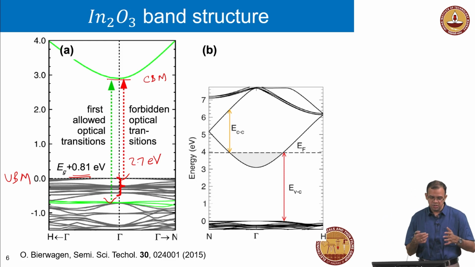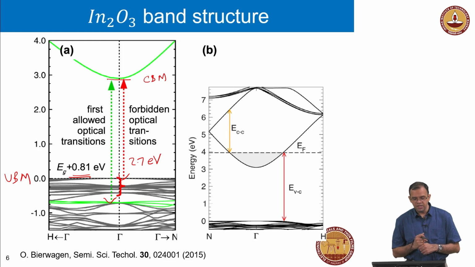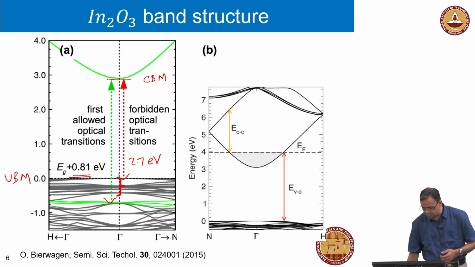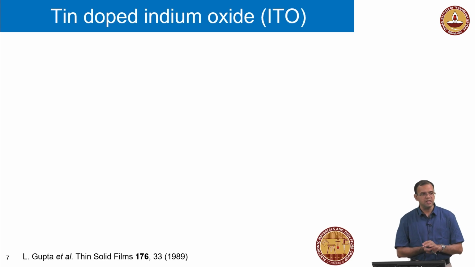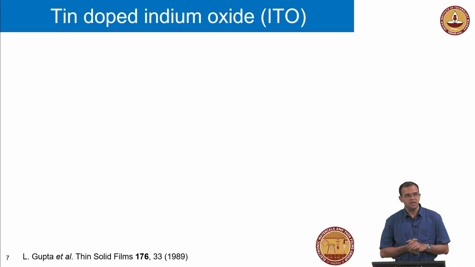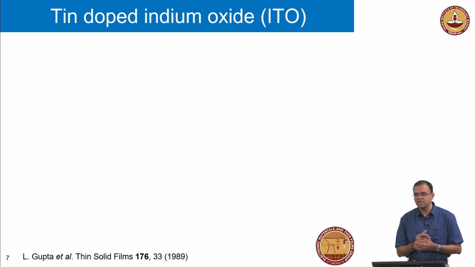So this is the band structure of indium oxide, but the problem of course is indium oxide is not very conductive. So we need to somehow improve the conductivity, and that's where doping essentially plays a role. So again, I think yesterday as part of the defects, there was a question as to whether defect engineering is good or do we need to do other things.